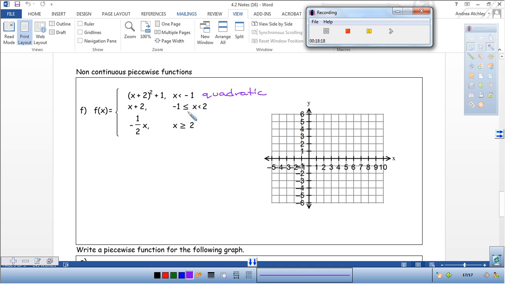This one is linear. This one here is also linear. Please tell the person sitting next to you how you know if an equation is linear versus quadratic. Talk to each other.